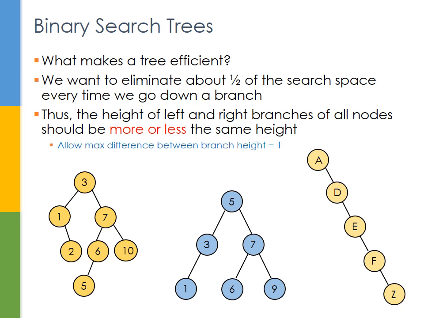So we will specify this condition as allowing a maximum difference between the height of the right and left branches of any particular node of 1. So let's look at this in terms of these three trees over here. Let's look at the left tree first, and we need to consider every node within this tree.